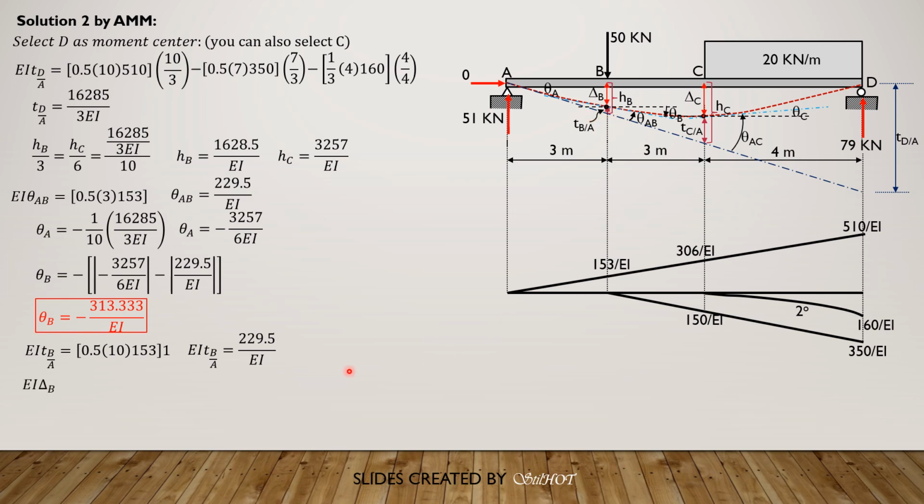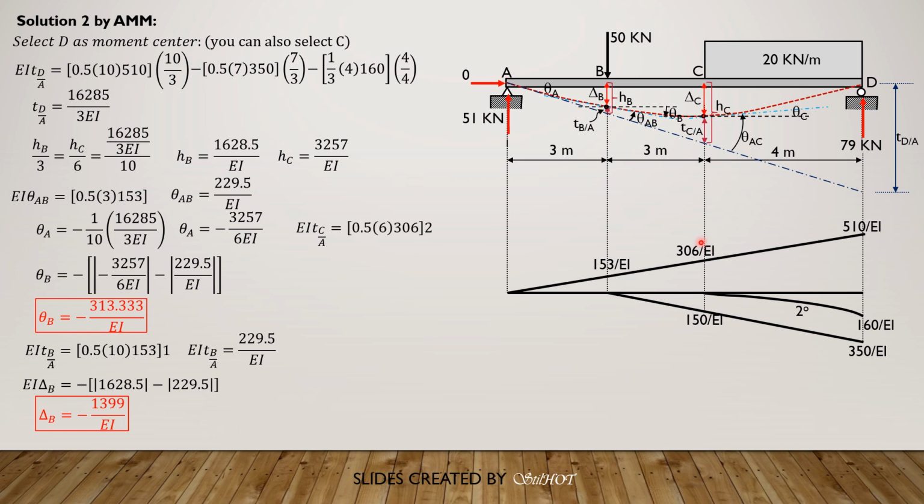So it is also 229.5 over EI. From the figure, EI delta B is negative because it is below the x-axis, and it is equal to the negative of the quantity absolute value of H B minus absolute value of the deviation of B relative to A. So delta B is negative 1399 over EI as before.